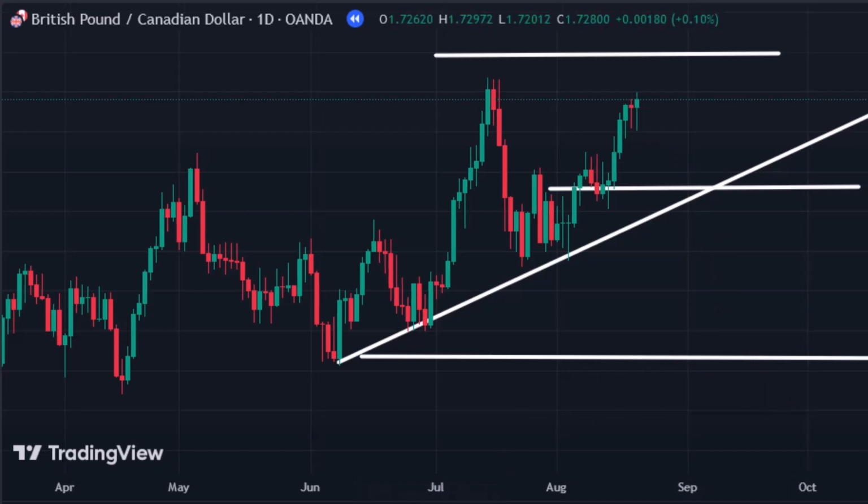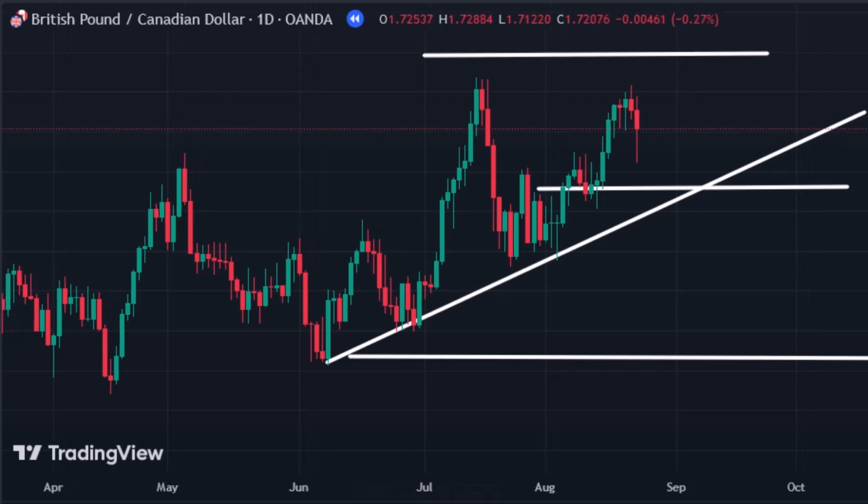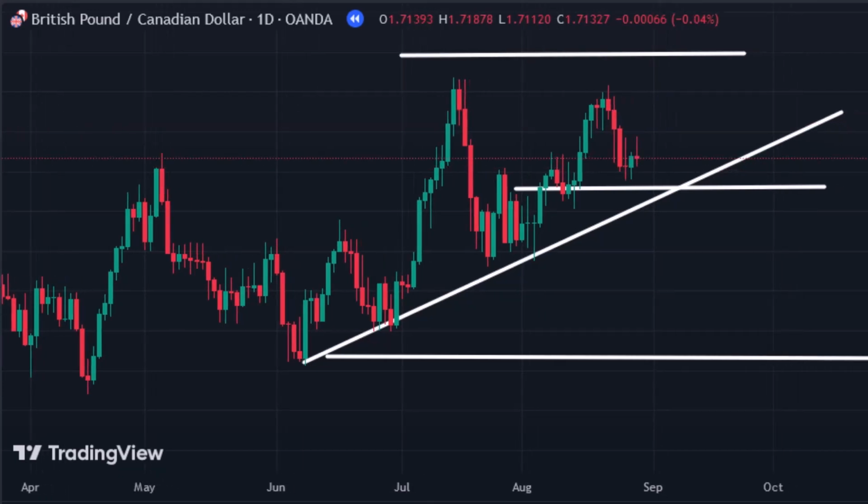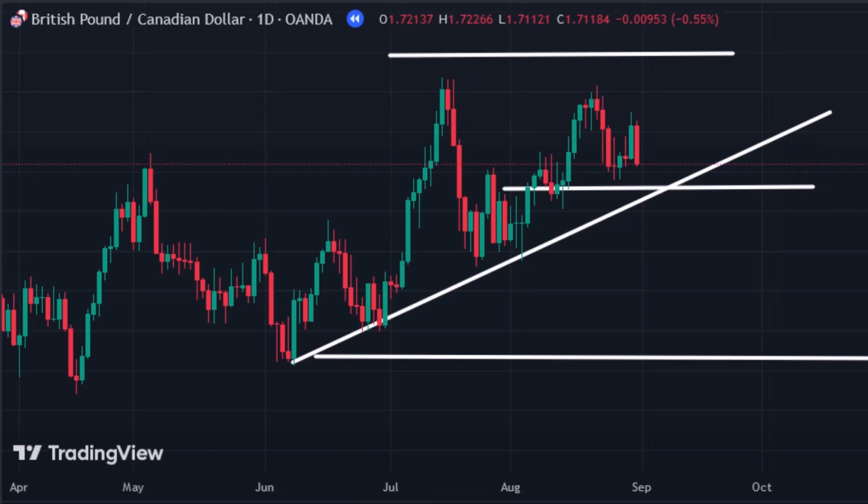And you can see, after price came and almost tested this previous resistance, it now decides to head in the direction you want it to go. And what do we have?